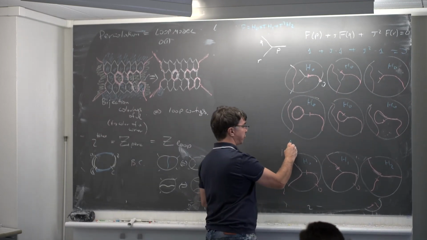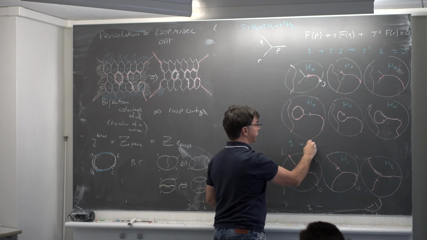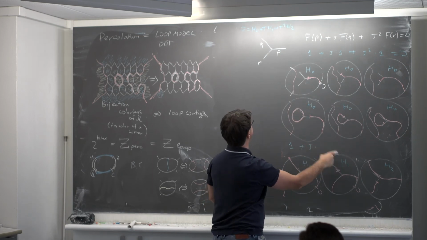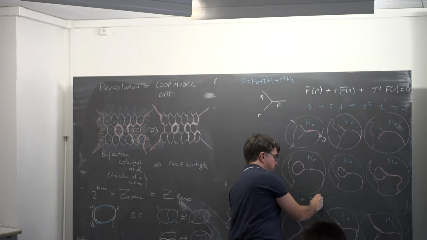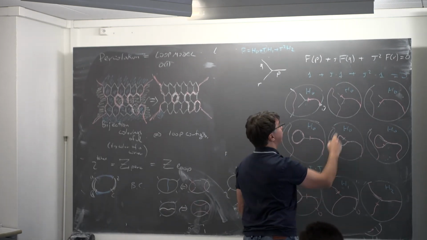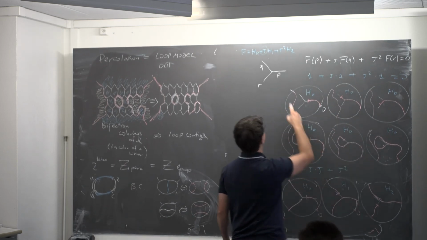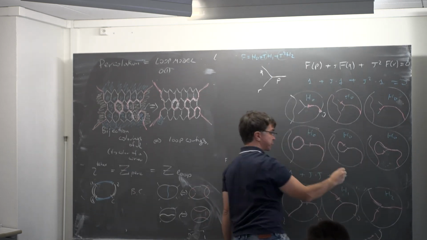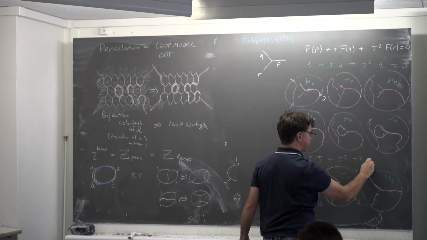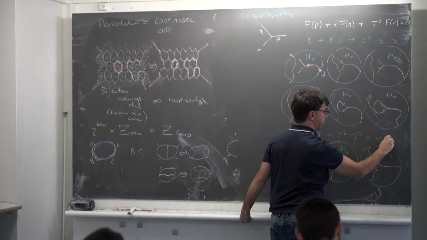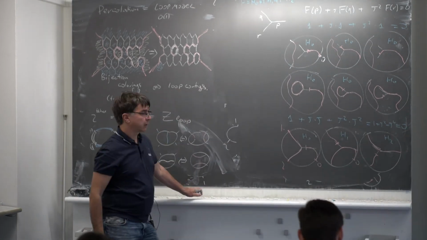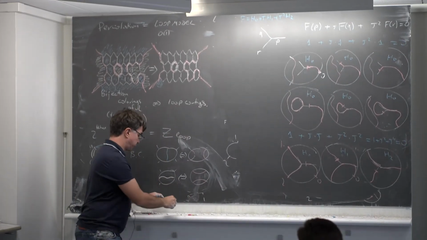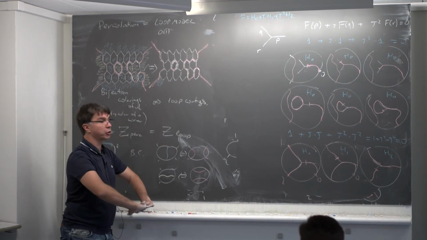So the first one will contribute 1. The second one, there is coefficient tau in front of f, but since it's h1, h1 comes with coefficient tau of its own, so it's times tau. And then the third one is tau squared, and again h2 comes with the coefficient tau squared, so it's tau to the fourth. So it's 1 plus tau squared plus tau to the power 4, again 0. So it's an easy combinatorial argument.